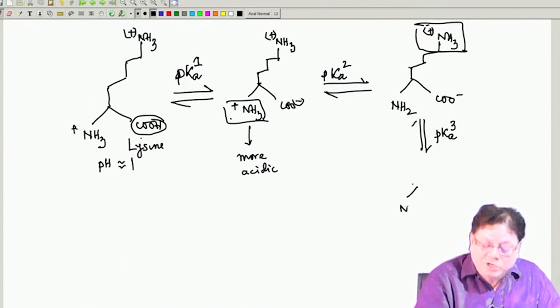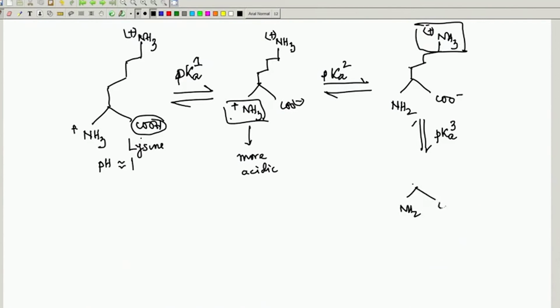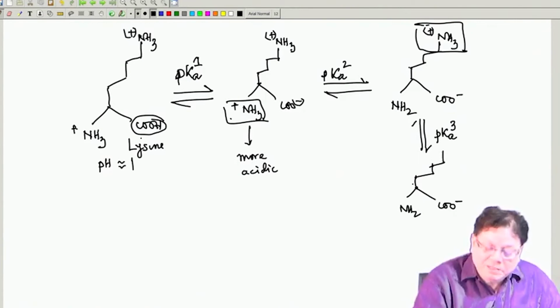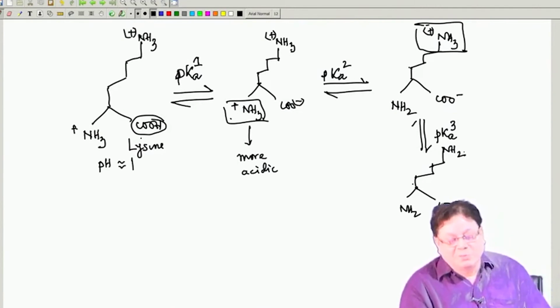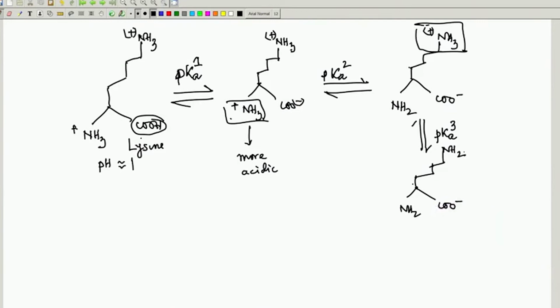So, that will be NH2 and then you have COO minus and then 1, 2, 3, 4, 5, 6, 7, right. Because you have to always count, lysine has 6 carbons including the carboxy. So, these are all the 3 forms now.